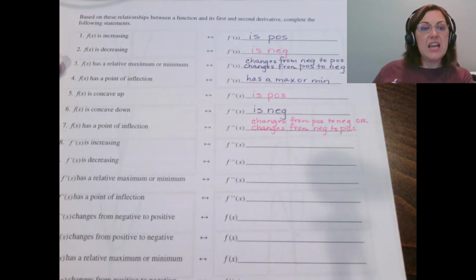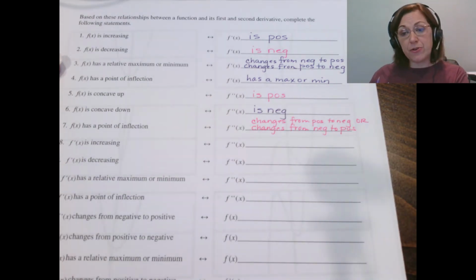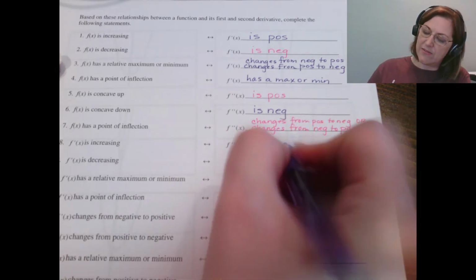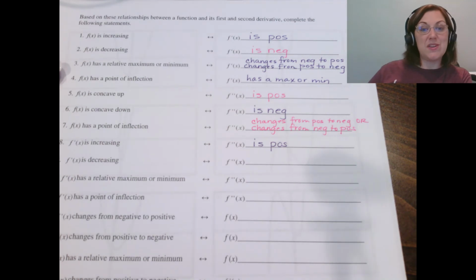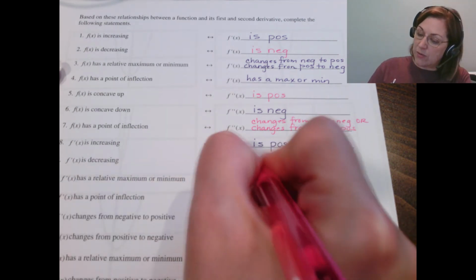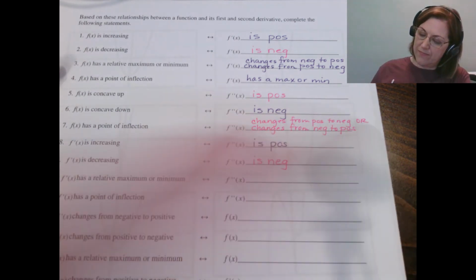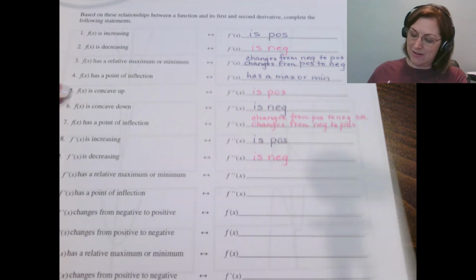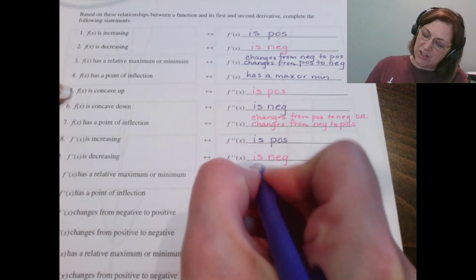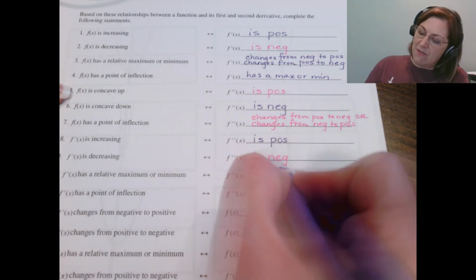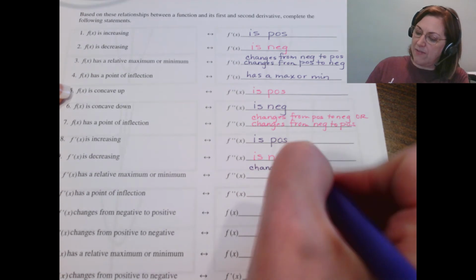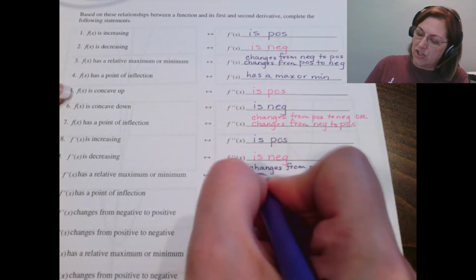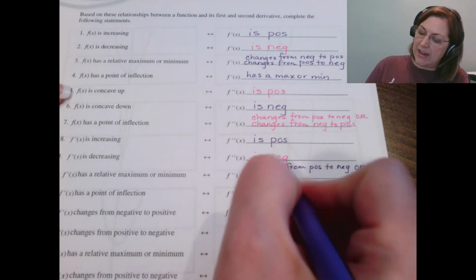Okay? If f prime is increasing, so if the first derivative is increasing, the second derivative is positive. If the first derivative is decreasing, the second derivative is negative. If the first derivative has a max or a min, then the second derivative changes from positive to negative, or changes from negative to positive.